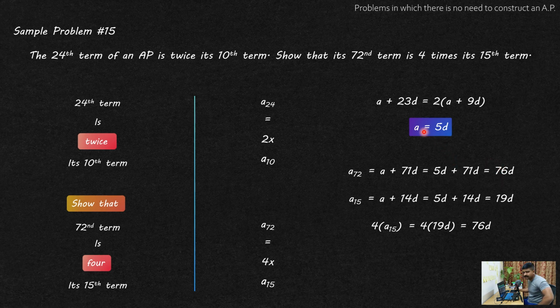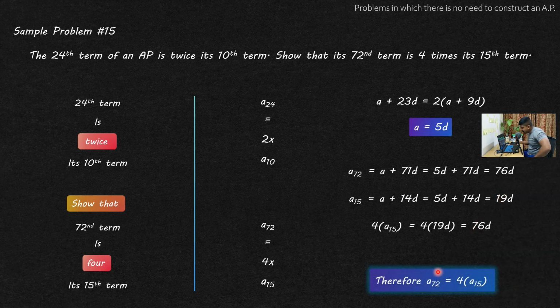You just need to substitute the value of A and then find this A72 in terms of D. Similarly, find A15 in terms of D. Now you see that when you multiply 4 to A15, that is 19D into 4, you will get 76D. And 76D is nothing but the 72nd term of this AP. Therefore, the 72nd term of this AP is equal to 4 times the 15th term of this AP.